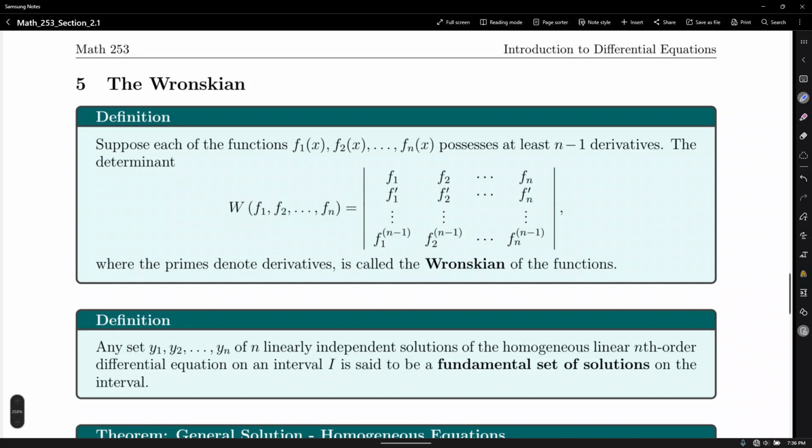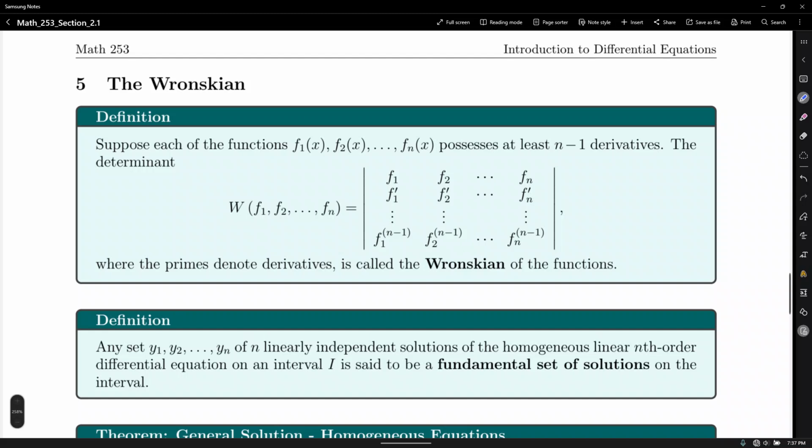So if we have a set of five solutions, then we would need to calculate up to the fourth derivative, because the first row will be the original function, the second row the first derivative, the third row the second derivative, the fourth row the third derivative, and the fifth row the fourth derivative. We want to make sure these matrices are square, because the determinant is only defined for square matrices.